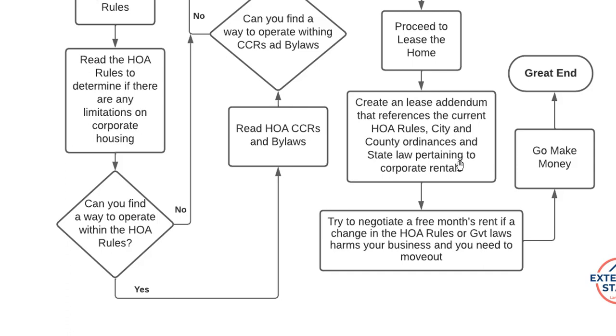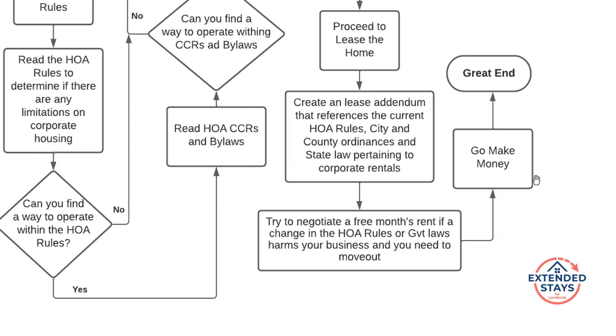That's a smaller risk, but that is a risk. So you want to set up inside of your lease agreement that if those conditions change from the ones that you reference, then you would have a month of free rent to move out, to move your business. If you do that, that's a great backstop for HOAs. Then you can go on and start making money.